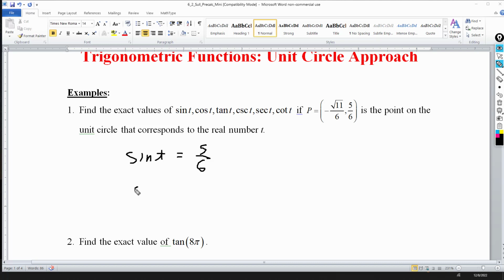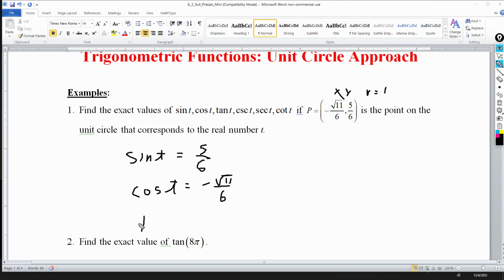And the cosine of that angle t is equal to the first component. You can call this x and y, and this works because the radius of the circle is 1. So cosine is the first component, which will be minus the square root of 11 over 6.